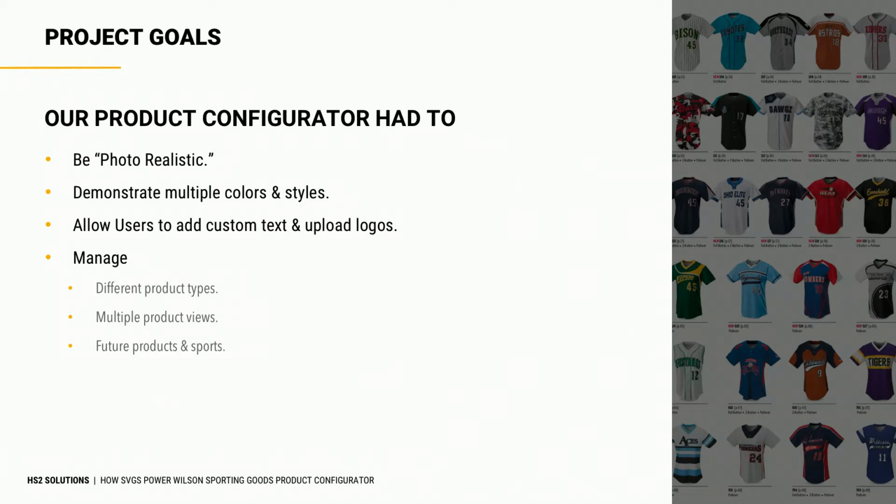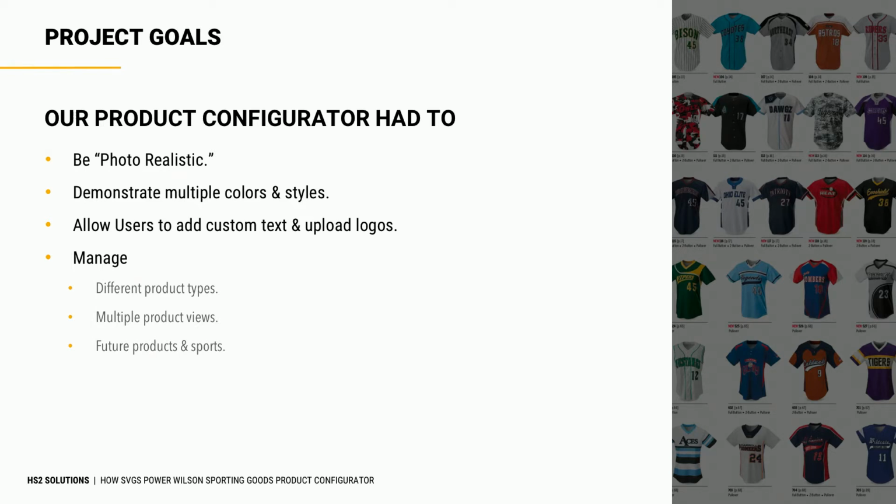It had to demonstrate multiple colors and styles for a variety of products. It had to allow users to add custom text and upload logos. And we also had to manage a variety of product types. So for baseball specifically, we had baseball jerseys, pants, helmets, batting gloves, and protective gear. So everything that a team needs to get out on the field and look professional and great in all their Wilson gear.